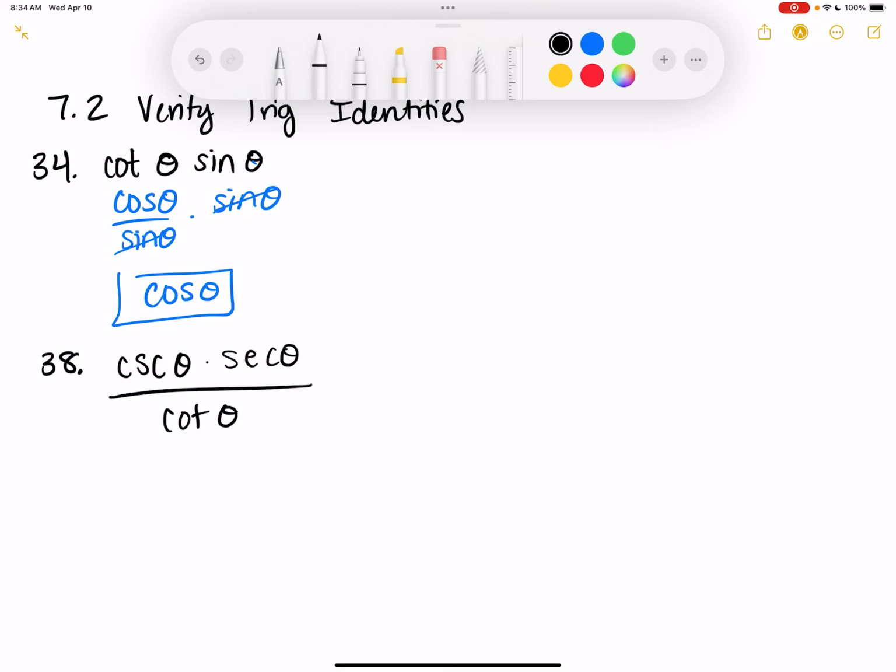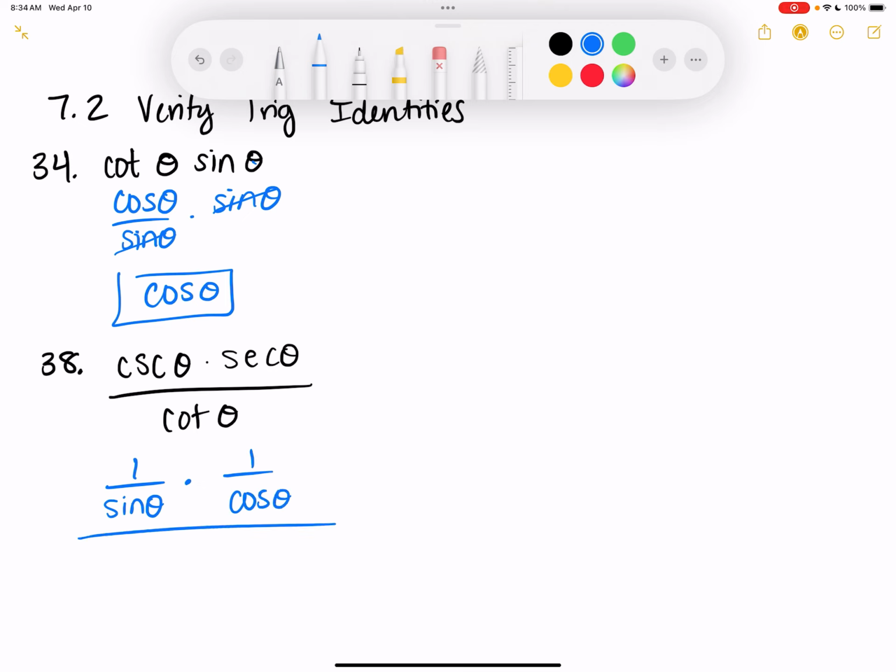What's another way I can write cosecant? 1 over sine theta. How can I rewrite secant? 1 over cosine theta.